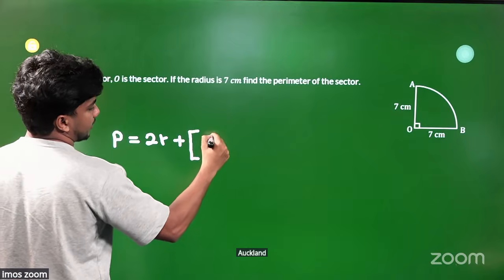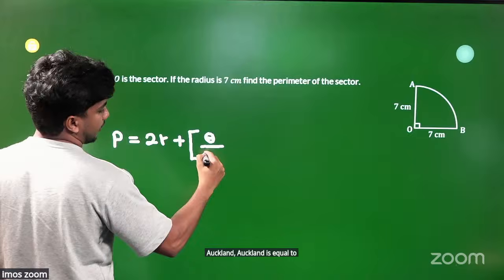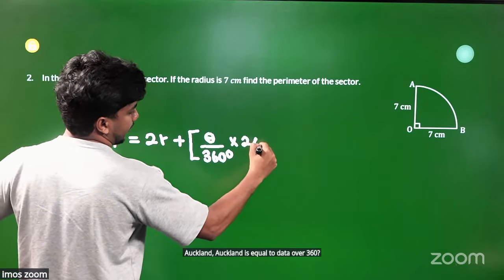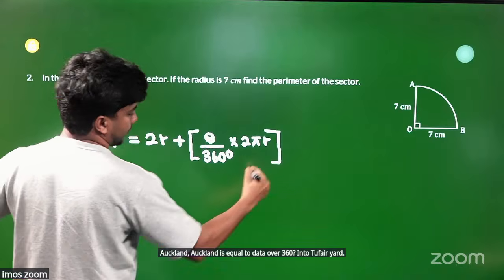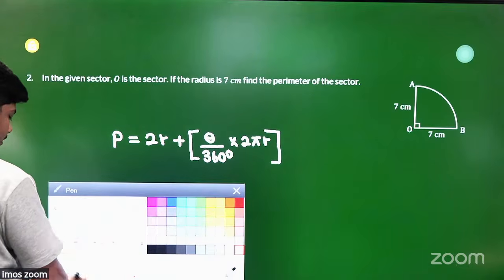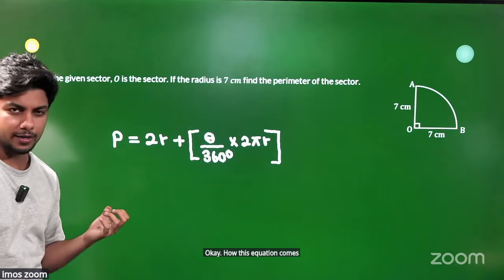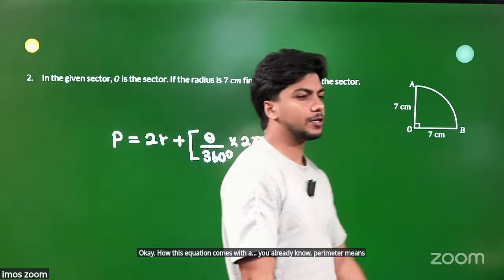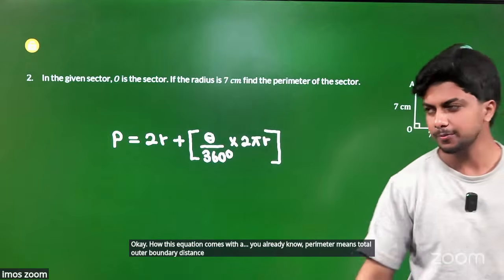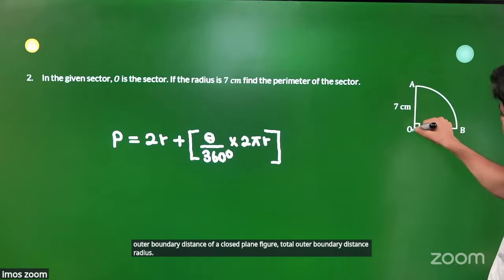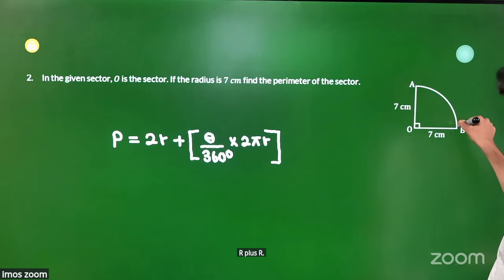Arc length is equal to theta over 360 into 2 pi r. How does this equation come? You already know perimeter means the total outer boundary distance of a closed plane figure. Total outer boundary distance means radius r plus r plus the arc length, right?